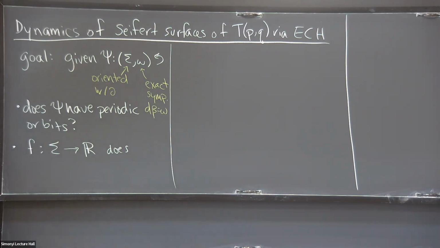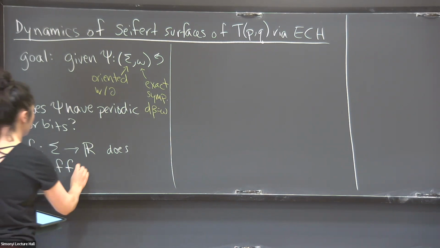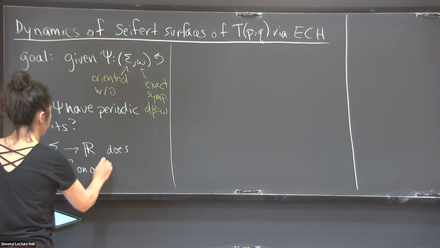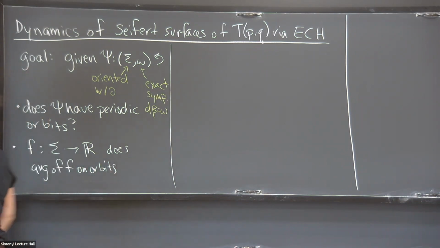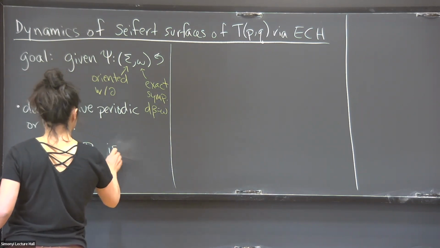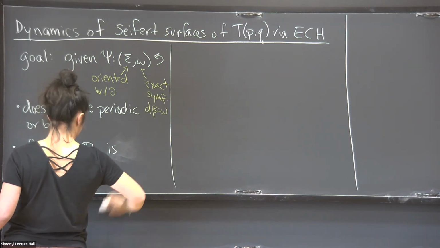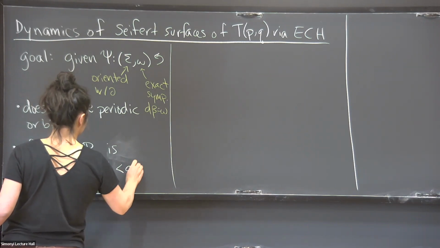But maybe even better, if I have this diffeomorphism, does f take values on its periodic orbits that are less than its average? So is the average of f on orbits, on some orbit, less than the average?